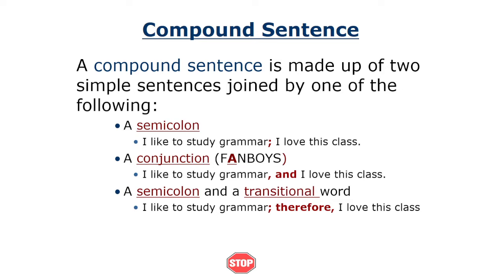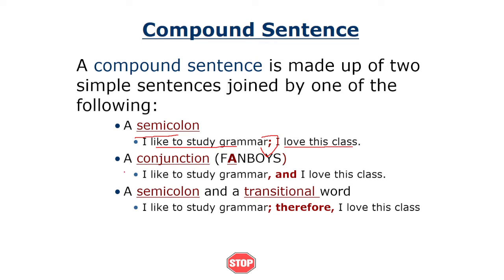So, this sentence is the same, but we can write it in three ways. First, you can see here a semicolon. So we use one independent clause, semicolon, and another independent clause.